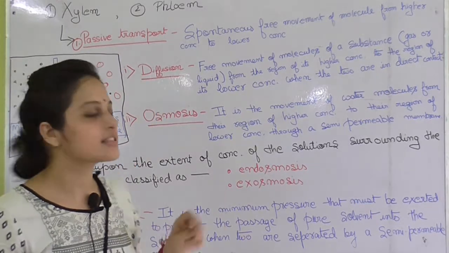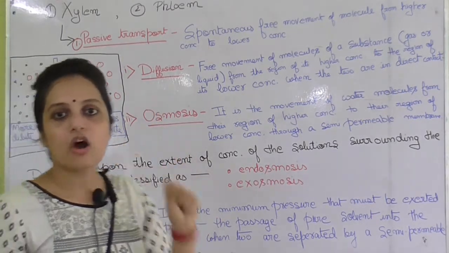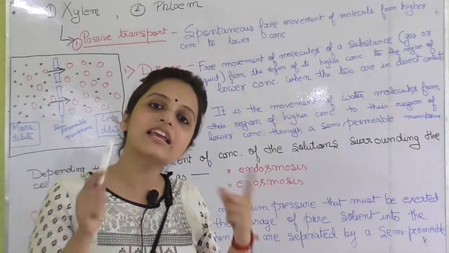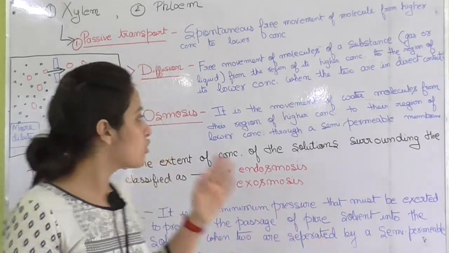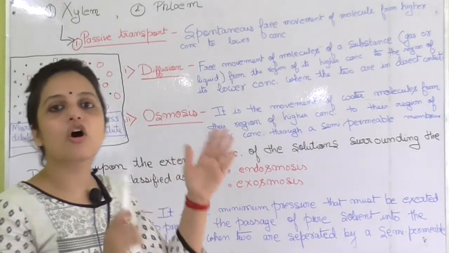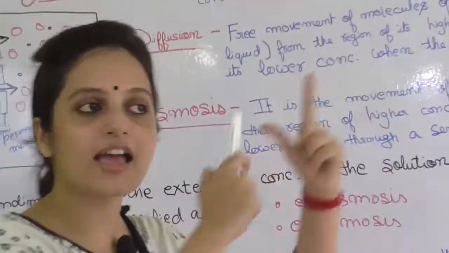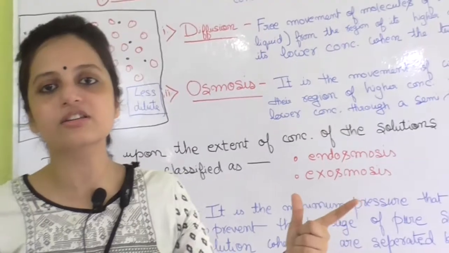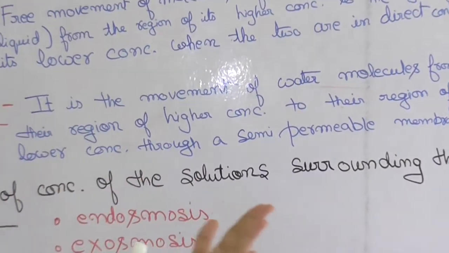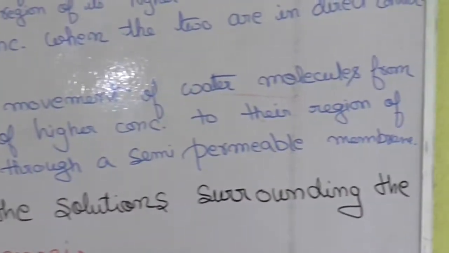The next one is osmosis. Osmosis occurs only in water. So, what happens in osmosis? In osmosis, the water moves from its region of higher concentration to its region of lower concentration. Higher concentration of water means it will be more dilute.